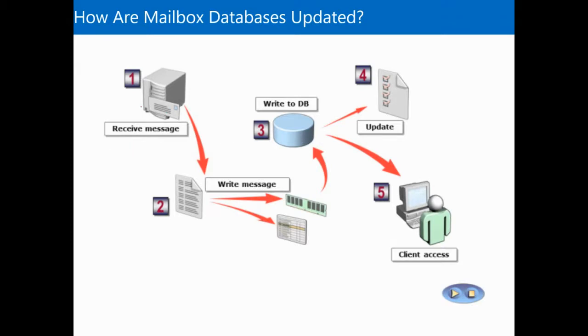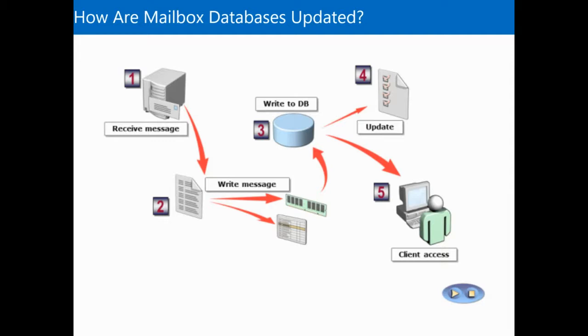At the beginning, you receive a message. You will write the message to the database, but before writing the message to the database, the mailbox server writes the message to the current transaction log. So here you have the transaction log and the memory cache simultaneously.